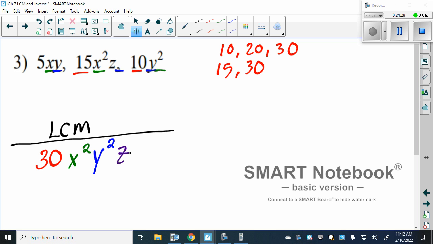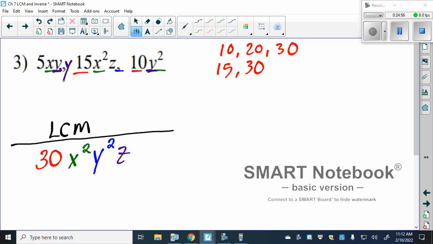No, because how many z's do we have in any of them? So we only need it once. Well, how many y's are here? Here are 2, so the most that it appears is twice. Because if I want to get them all the same here, I just need to multiply it by y once, and now I have 2 of them.